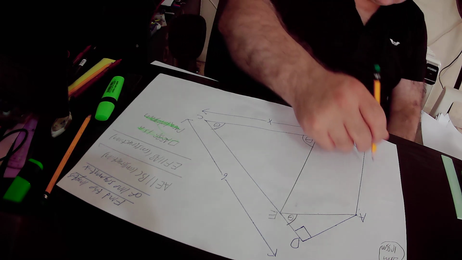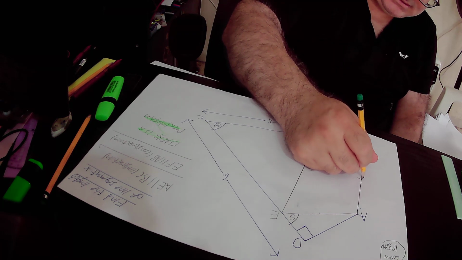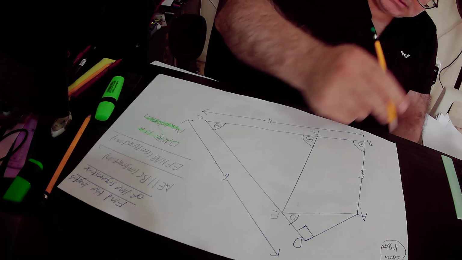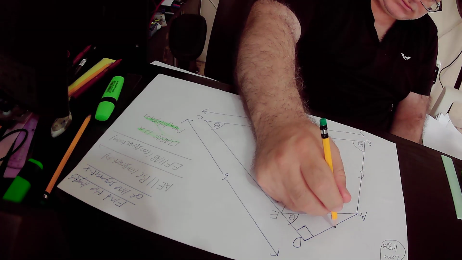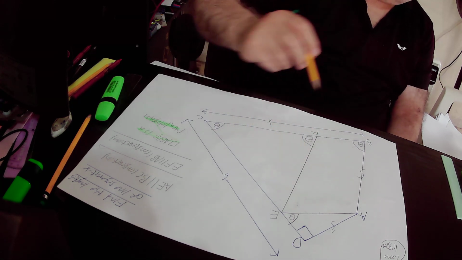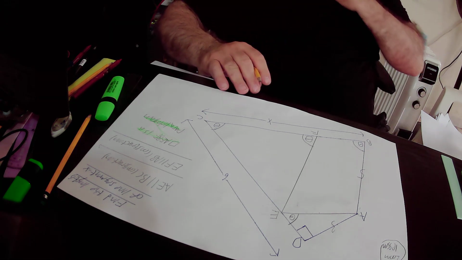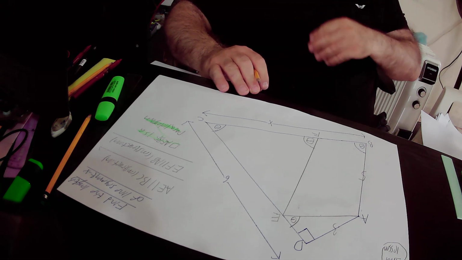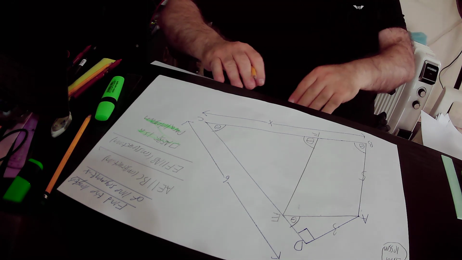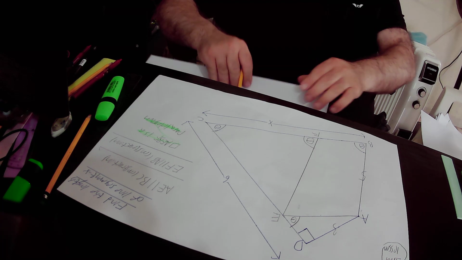It is given in the question that side AB equals 5 units, side AD equals 3 units, and side DC equals 6 units. So here I will present to you a new rule, rule number 4.